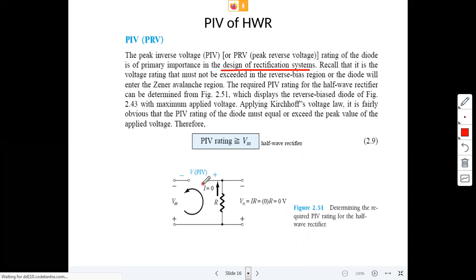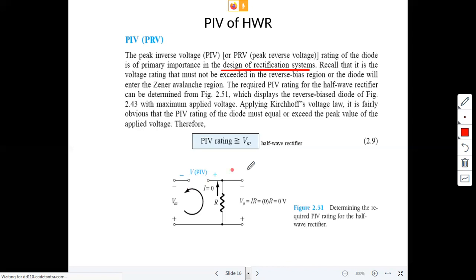Breakdown also exists in normal diodes, but the range is very high. At higher voltages in reverse bias, a normal diode can also enter breakdown, which will damage the circuit. So when the diode is in reverse bias, calculate the diode voltage, and it must always be less than the diode breakdown voltage.